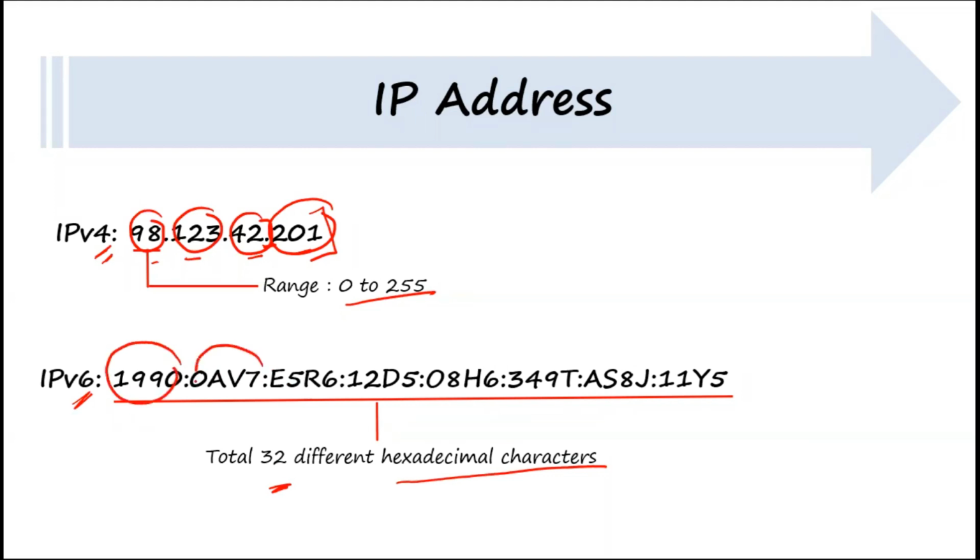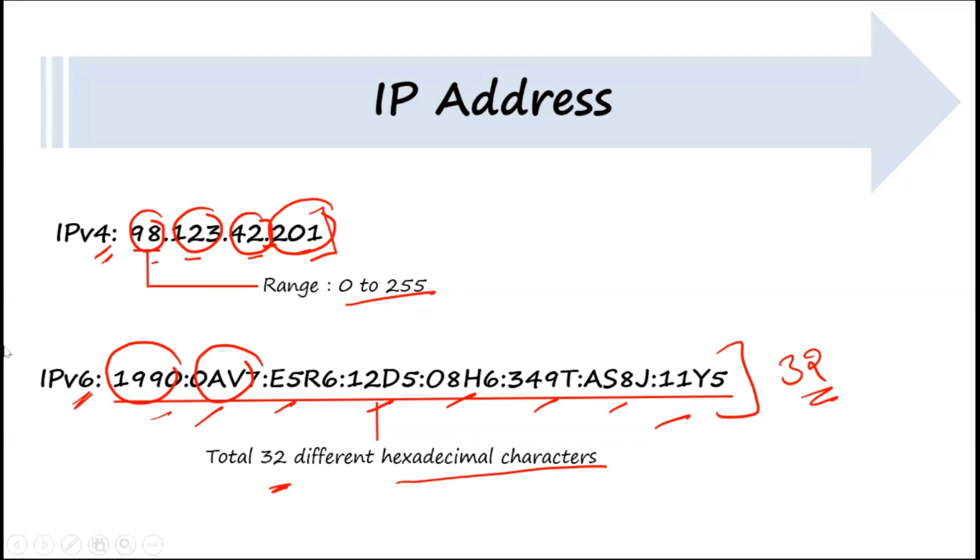Each set is of 4 hexadecimal characters: 1, 2, 3, 4, 5, 6, 7, 8, and each has 4. So it's 32 characters, and these are hexadecimal. Hexadecimal means a combination of letters and numbers. So this is what IPv6 was. And this provided unique IP addresses and many more combinations for each computer on the network.